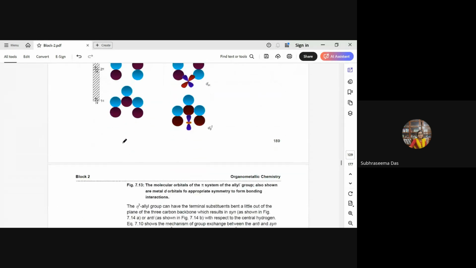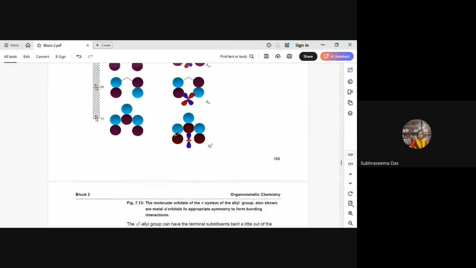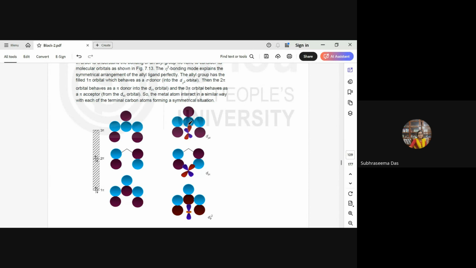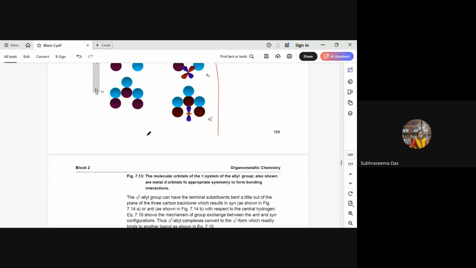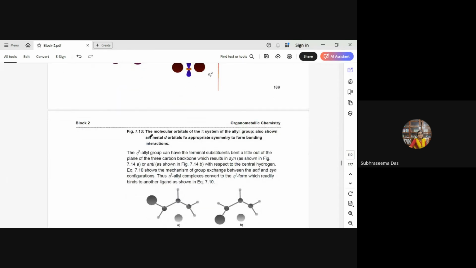Here is the molecular orbital picture of the pi system of the allyl group. The metal d orbitals are also shown, and their interaction gives rise to the eta 3 hapticity, that is trihapticity.